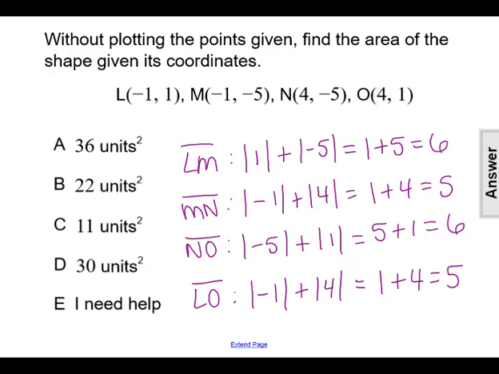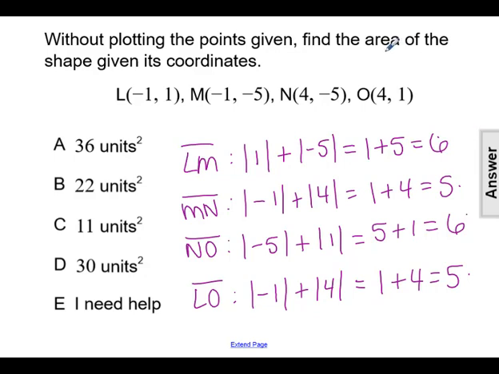So now we can notice that 2 of the side lengths are the same, 6, and 2 of the side lengths are the same, 5. So that means this shape is a rectangle. You have 2 sides that are congruent, or it could also be a parallelogram, but we don't know more information about the angles.